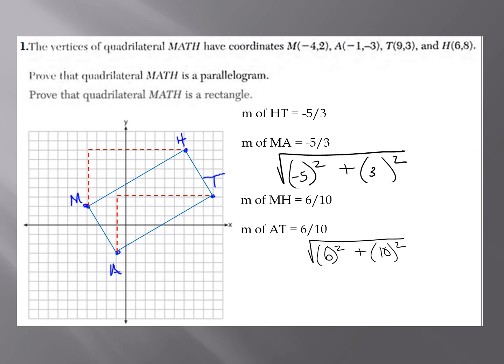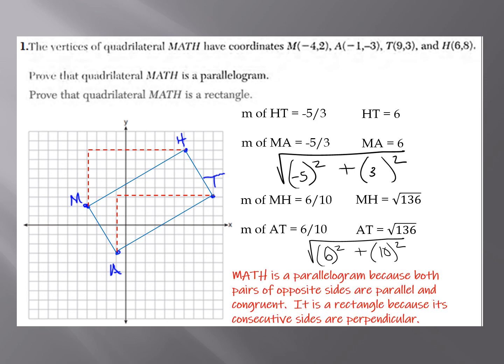So all I'm doing is substituting those values in for a and b. So 6 squared plus 10 squared, that's 136. So I get the square root of 136 for both of those values. Again, I'm just calculating distance. And then up here, I'm getting 6 because 25 plus 9 is 36. The square root of 36 is 6. And then I'm going to finish this with my statement.